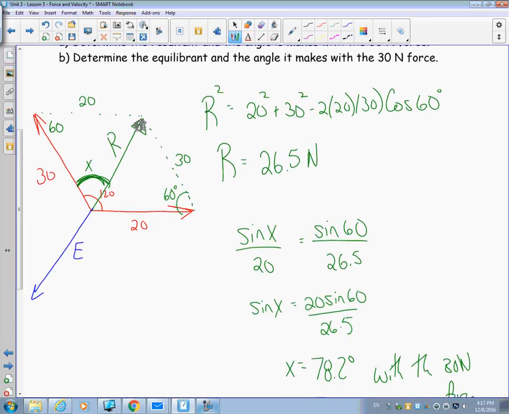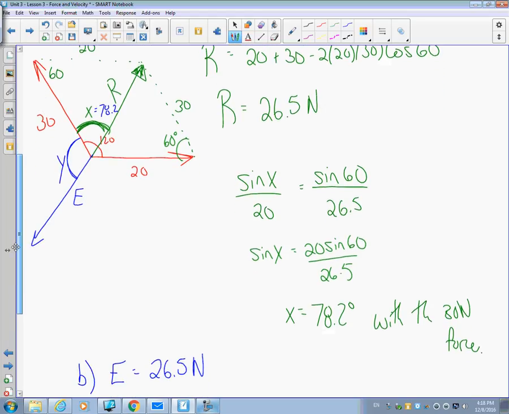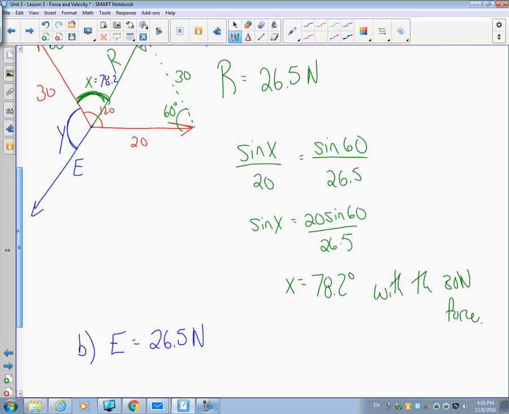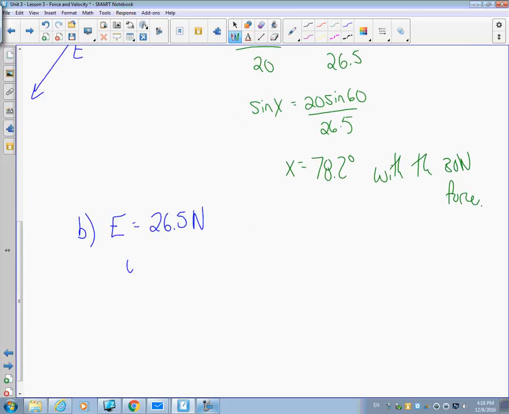So the 30 newton force and equilibriant meet right here. Now the good news is, in the previous question, I figured that x was 78.2. So how can I figure out what y is? Well, x and y make a straight line. So together they have to add up to 180. So y will equal 180 minus 78.2, or 101.8 degrees with the 30 newton force.